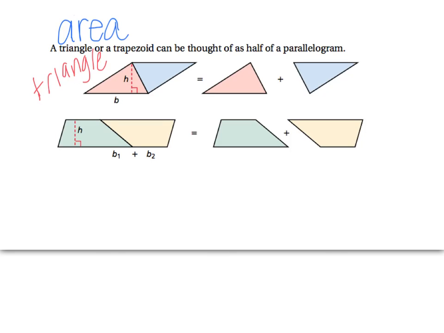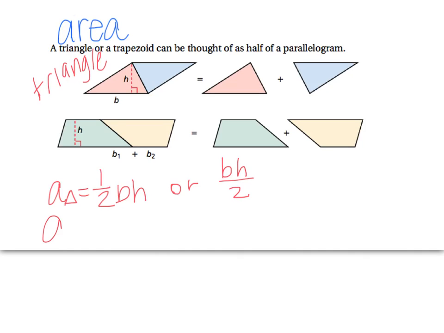Remember, to find the area of a quadrilateral, we just do the base and the height. But since a triangle is half of it, we're going to do 1/2 base times height. Or you can think of this as base times height divided by 2. It's the same thing.